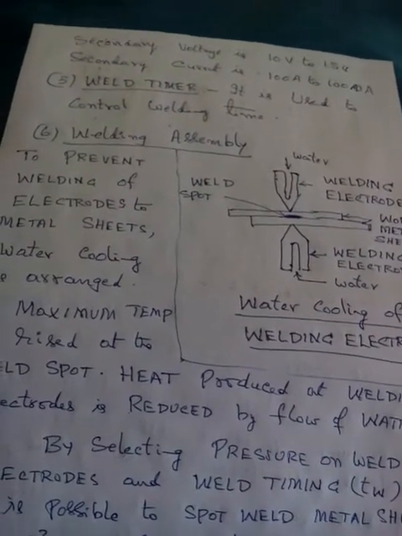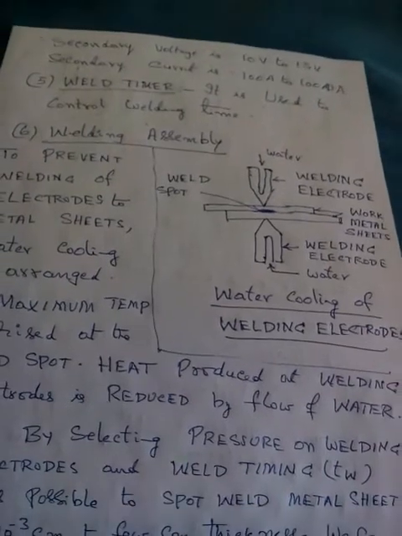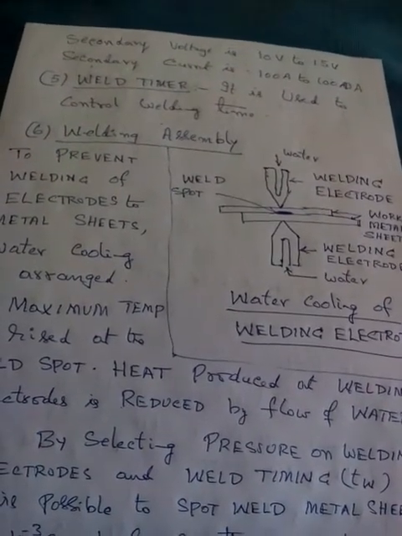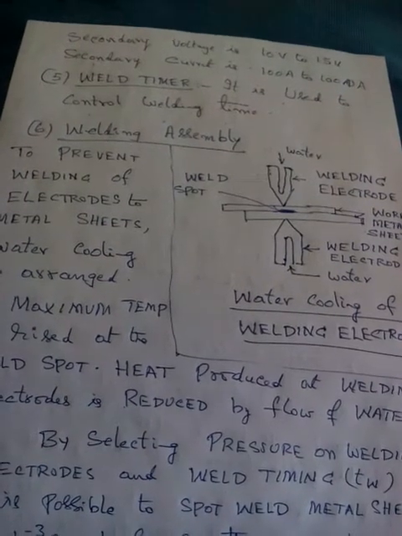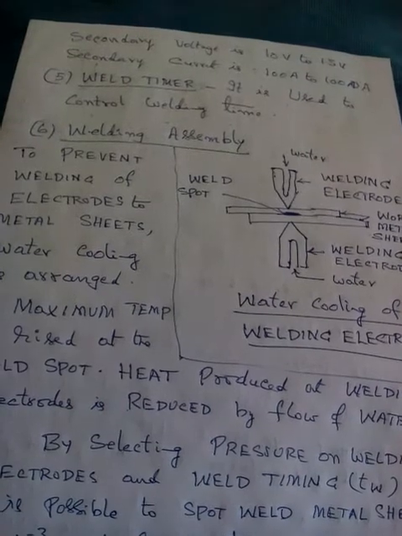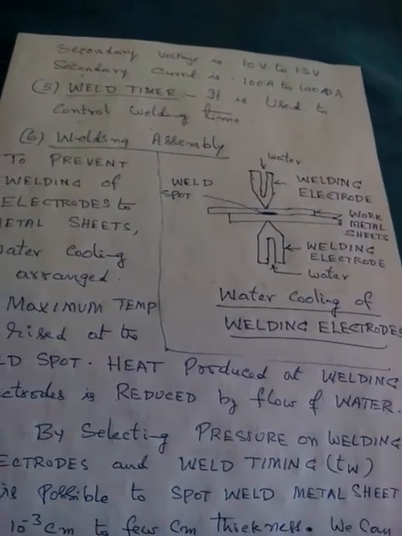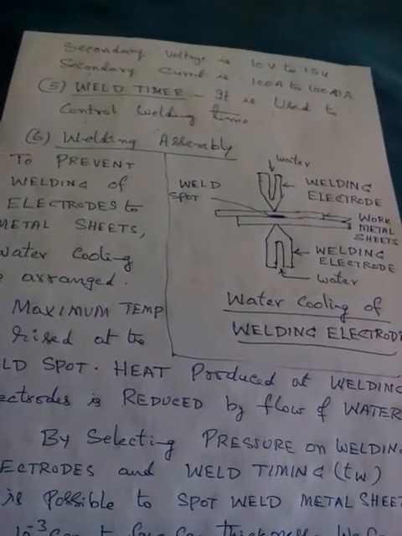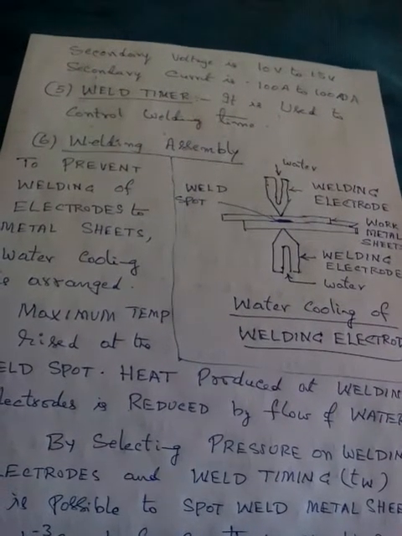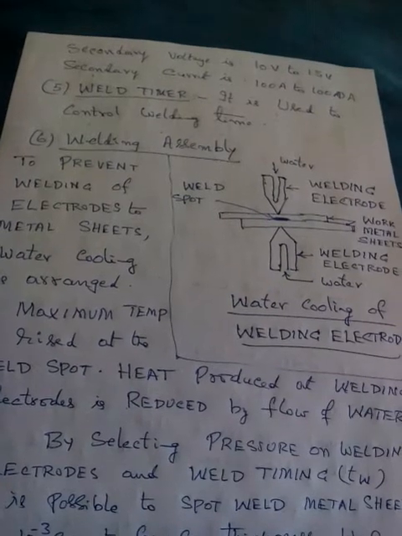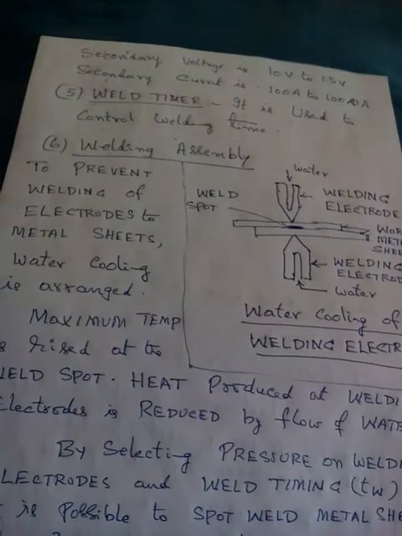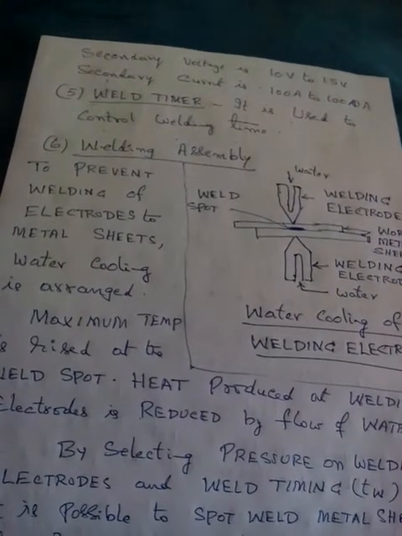It consists of welding electrodes 1 and 2, top and bottom, 2 workpieces, and provision for water flow, and weld spot is given, water cooling of welding electrodes. Because a lot of heat is generated, the welding electrodes become very hot. They may be welded to the metal sheets. So to prevent that, they are cooled down.